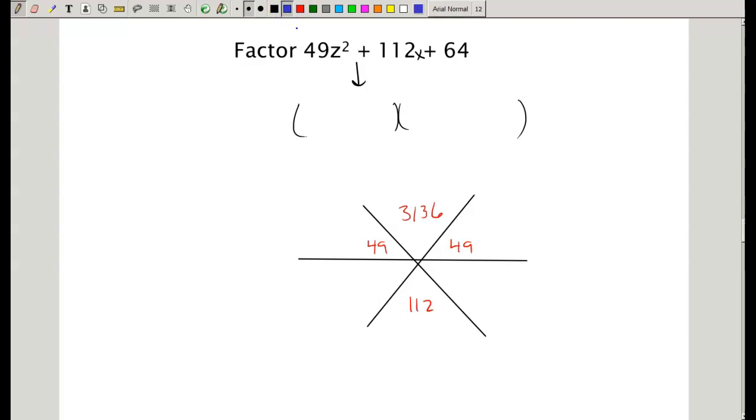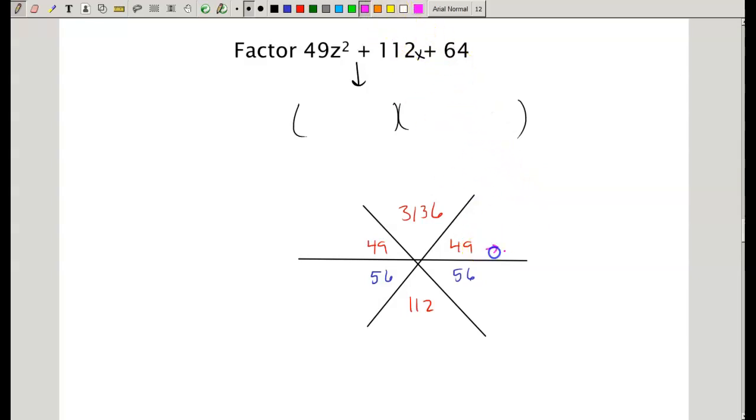So if you were to take the square root of that, you get 56. And 56 plus 56 is 112. And then we would reduce that. So we would have 49 over 56. And if you reduce that fraction, you get 7/8.